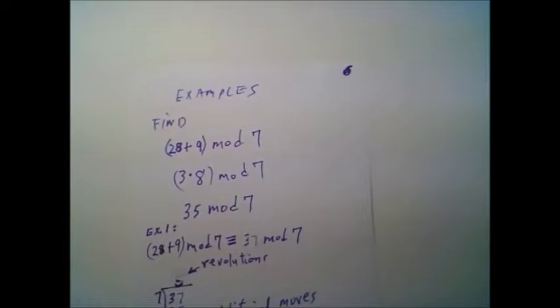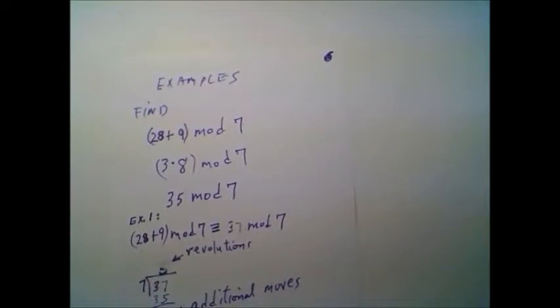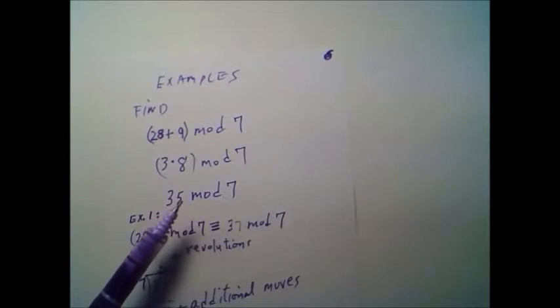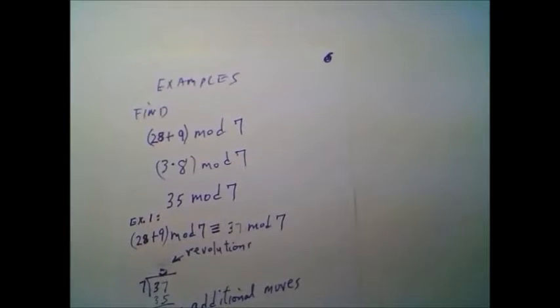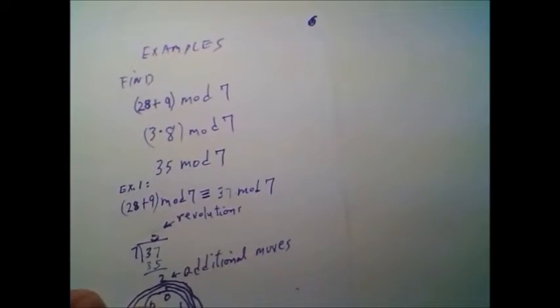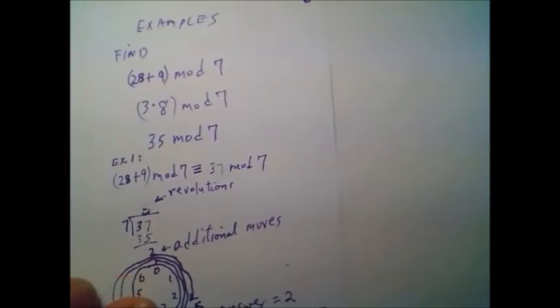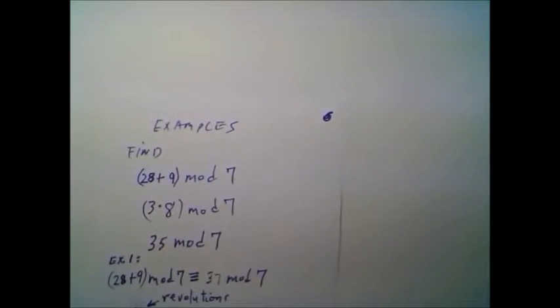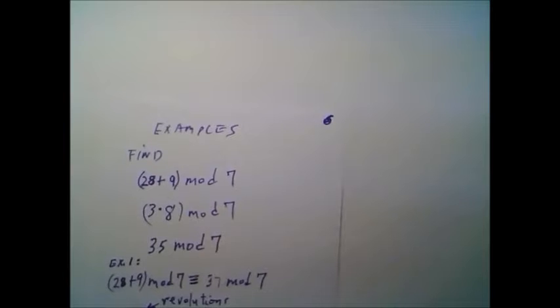Now, as stated, after you multiply or add, whatever the operation is, and in this case it's addition, 28 plus 9 will give us 37. We have to divide the 7 into the 37 to see how many complete revolutions we have, because we're dealing with mod 7, as you can see there.